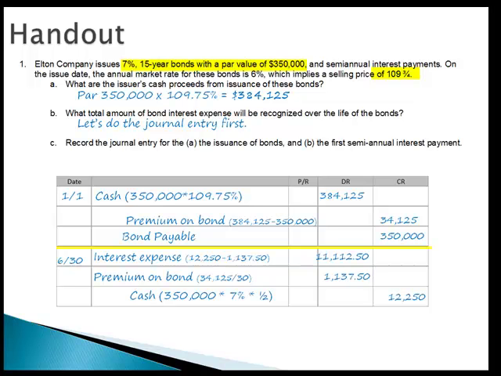You're going to make 30 total payments. $11,112.50 times how many payments? 15 years times twice a year, 30 payments. Our total interest expense, so B, is going to be $333,375. It says bond interest expense times 30 payments, $333,375.